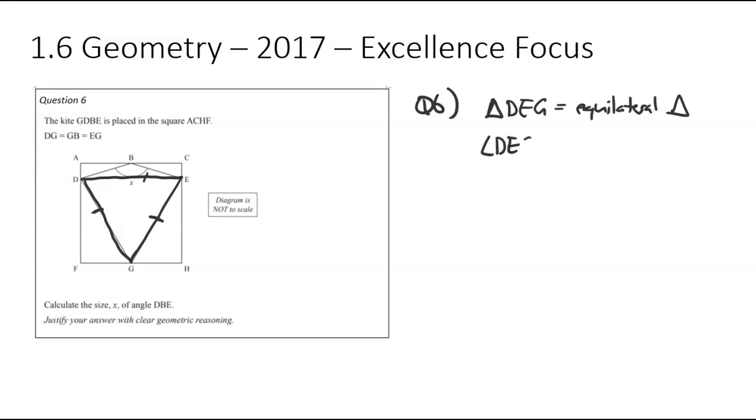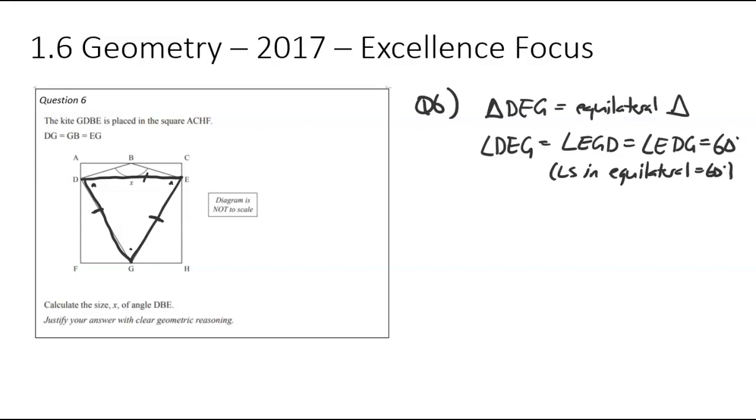Angle DEG, which is this top angle here, is equal to the bottom angle down here, which is angle EGD, which is equal to this angle here, which is EDG, which are all equal to 60 degrees. And that's because angles in an equilateral triangle all equal 60 degrees.